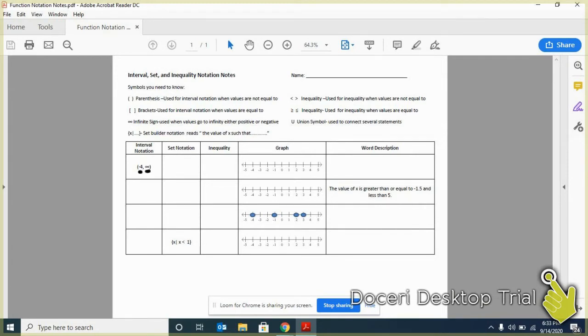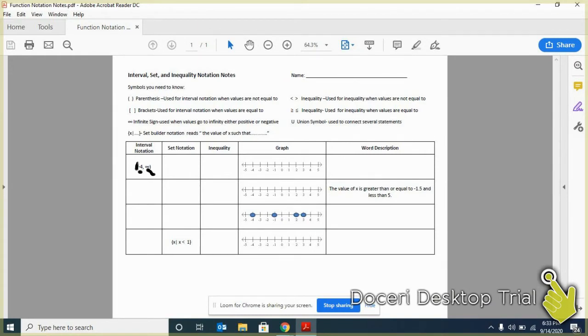Now notice that you have the parentheses shown here. What that means is that the values that we're going to be using are not going to be equal to. Now, one thing I will note is that whenever we deal with infinity signs, we're going to use parentheses on those all the time.